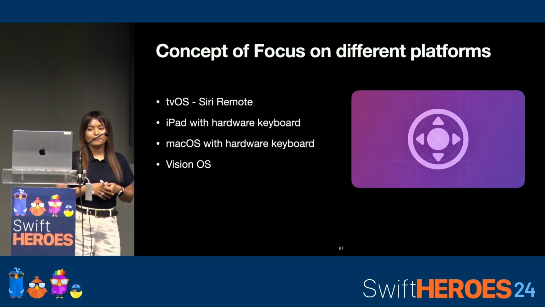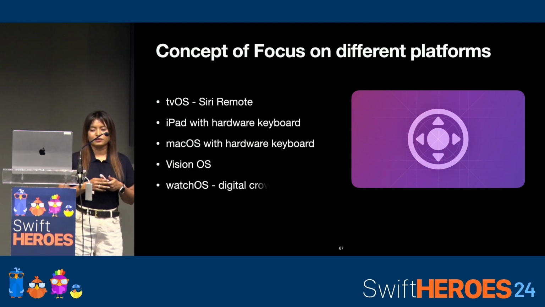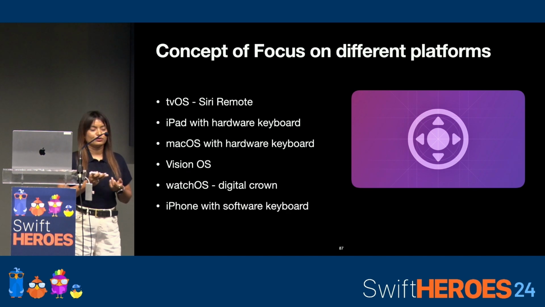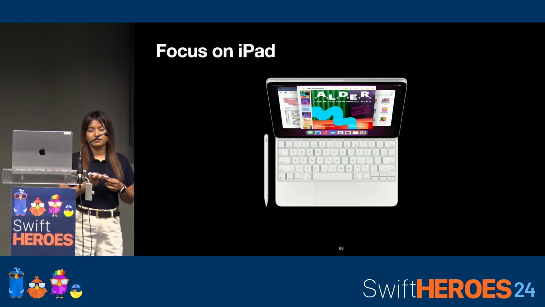So yeah, similar APIs that you can make use of. And watchOS, obviously there's such a small screen size, you have to use focus to show the user where their input is going, and the digital crown is mostly the best way to provide input. So yeah, you're going to have to use those APIs on watchOS as well. And iPhone with software keyboard, we already know that.